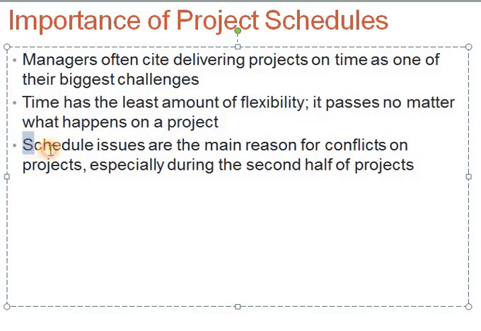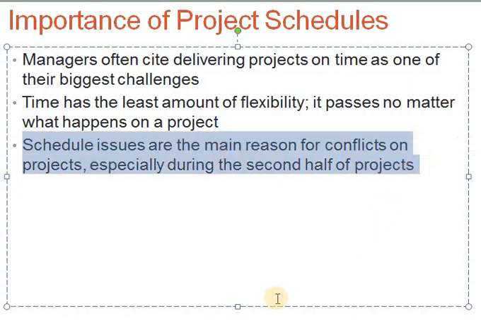So schedule issues are the main reasons for conflicts on projects, especially during the second half of the project. So the main issue of conflicts on the project is basically schedule, especially when we are executing the projects.